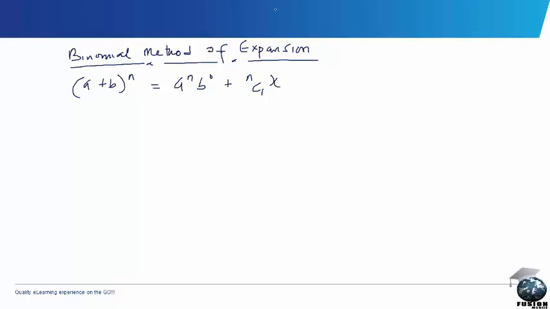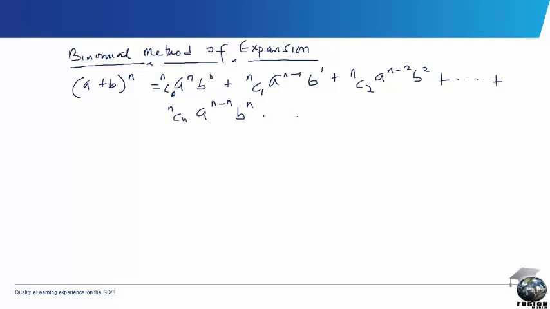Then a raised to power n minus 1, and b raised to power 1, and then plus n combination 2. You can as well write the first as n combination 0, but n combination 0 is always 1. Then you have a raised to power n minus 2, and b raised to the power 2, and this continues till we get to n combination n being the last term, and then a is raised to the power n minus n, which will give 0, and b will be raised to the power n as the last term.